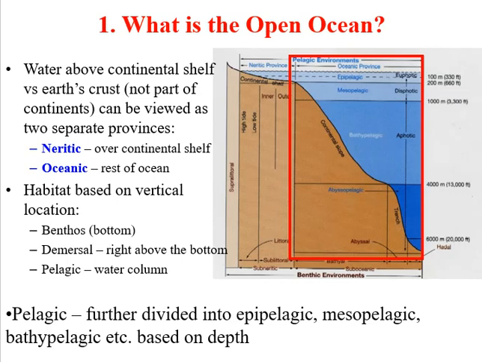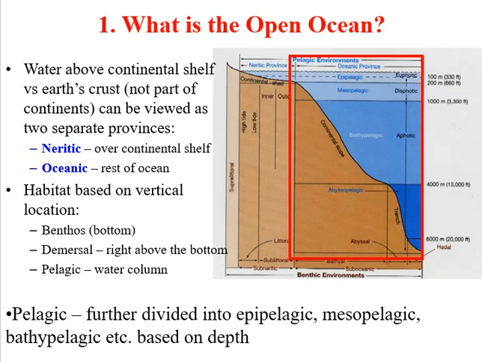There are pelagic organisms, and there's a pelagic component of the Neritic province. There's a lot of pelagic water in the Oceanic province. But when people talk about pelagic organisms or pelagic habitats, they're basically talking about the Oceanic province.